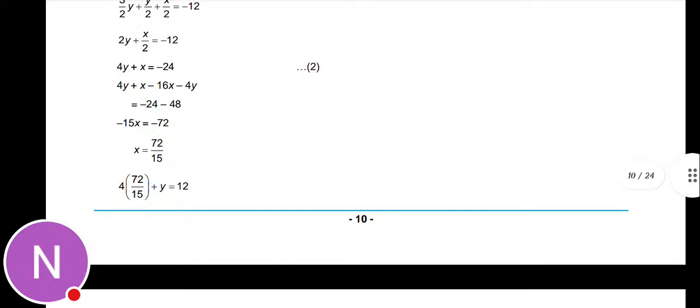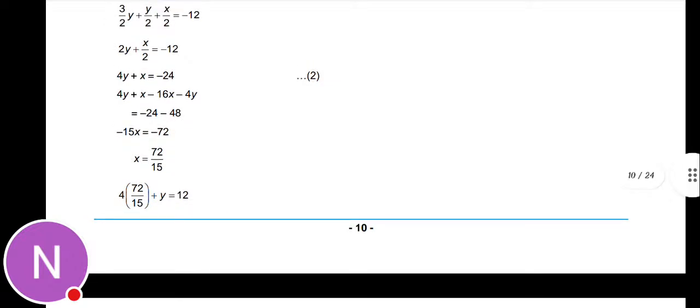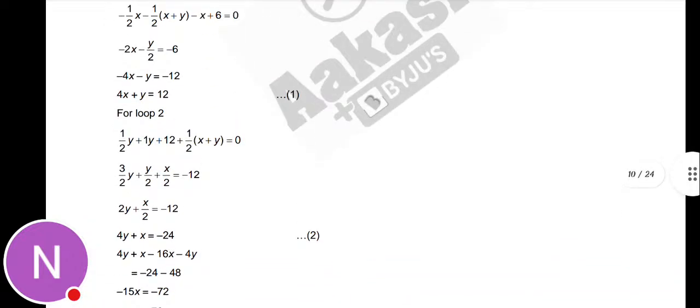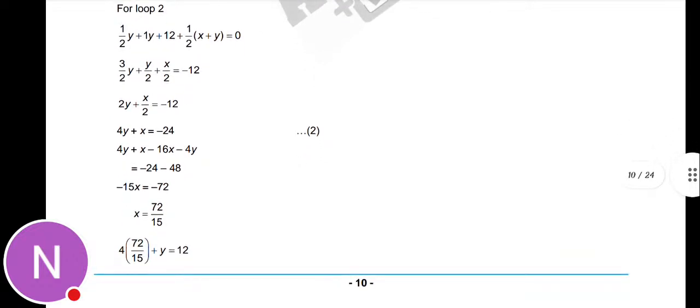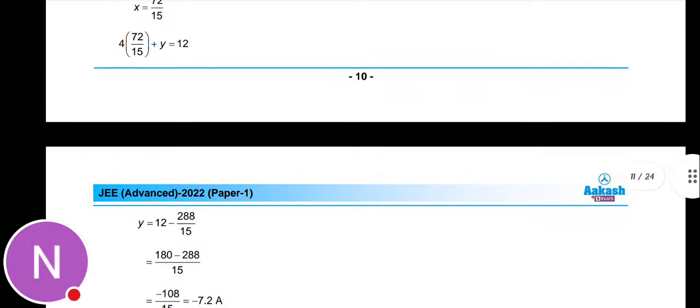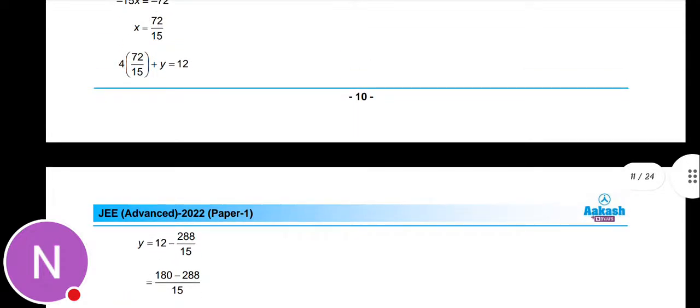Now after that, we got x as 72 by 15. Let us put that into the first equation. So 4 into 72 by 15 plus y is equal to 12. Therefore y is equal to 12 minus 4 into 72 by 15.